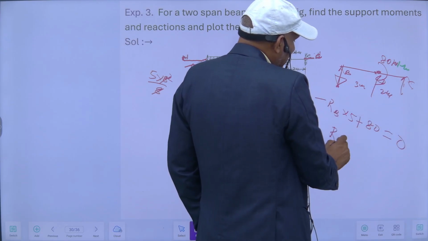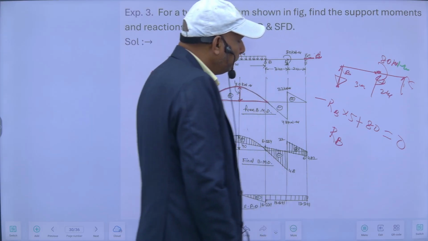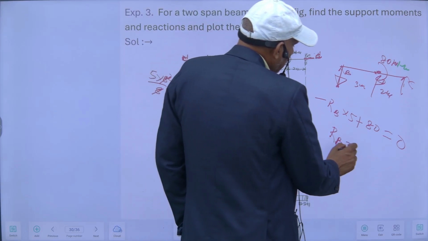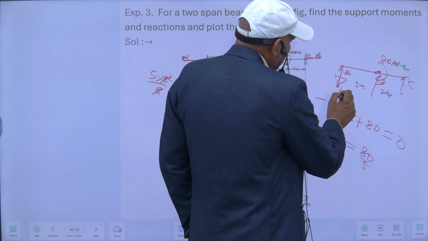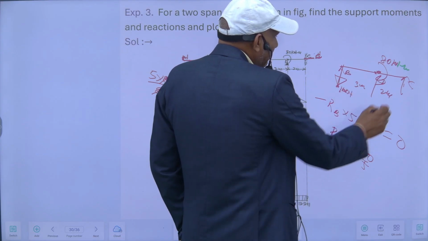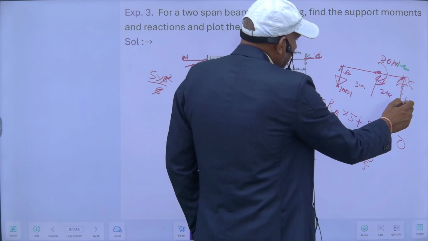So RB will be 80 upon 5, so 16 kilonewton, and this will be of same magnitude, 16 kilonewton.